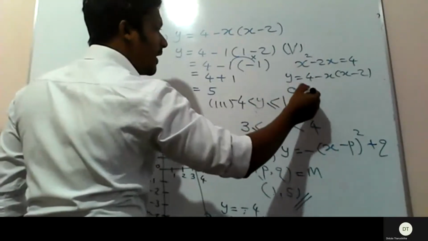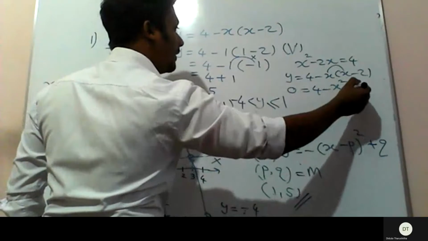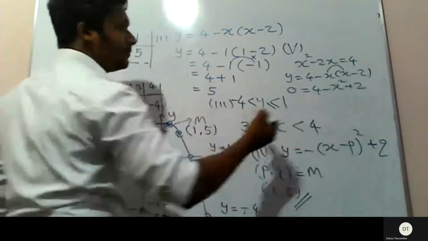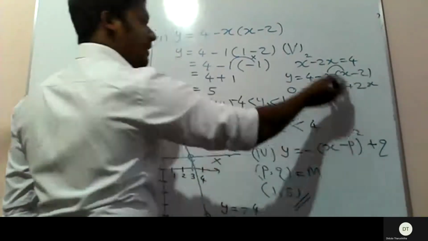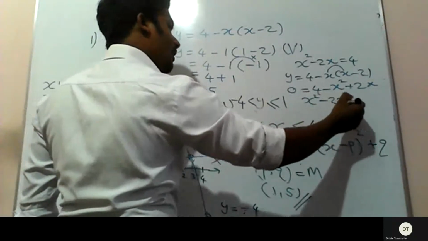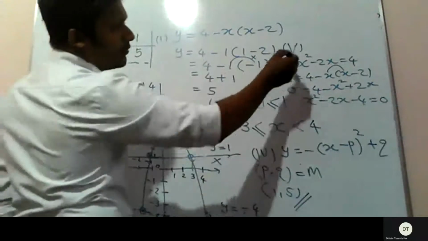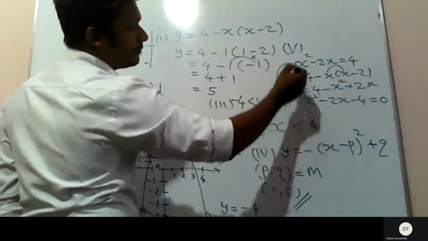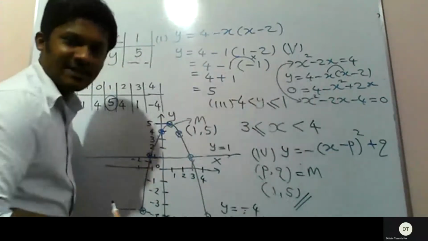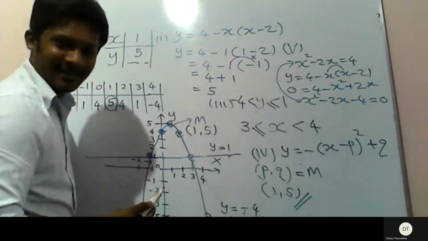Assume y equals 0, right? 4 minus x into x plus 2. So we get x squared minus 2x minus 4 equals 0. These two functions are equal.